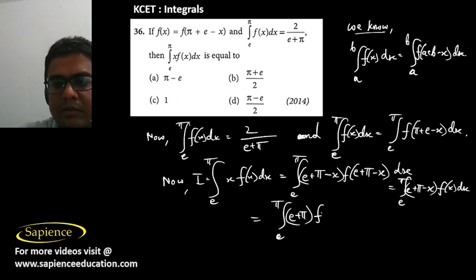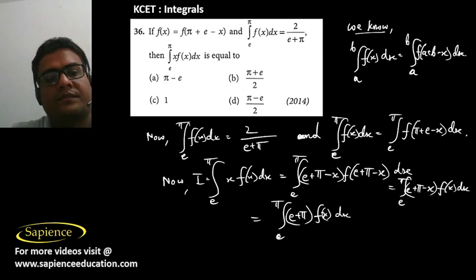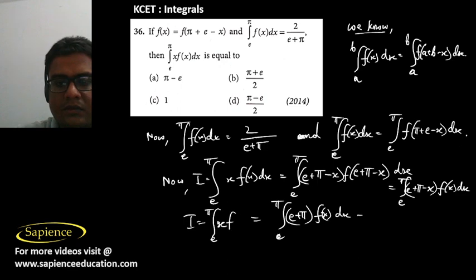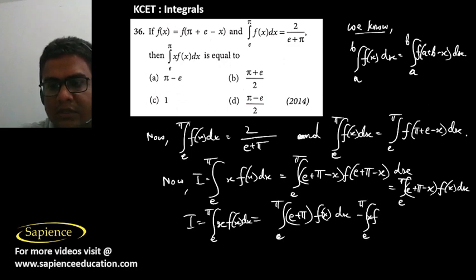So this will be e plus pi into f of x dx minus integral e to pi x into f of x dx.